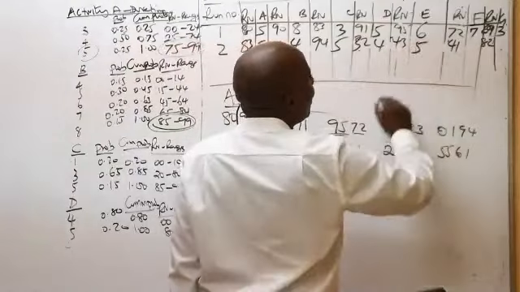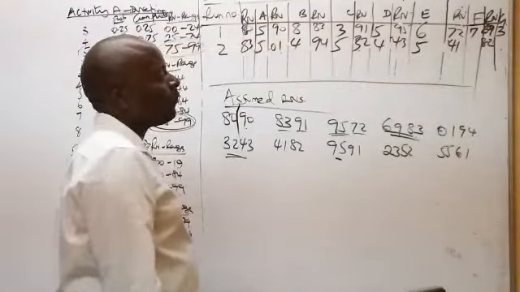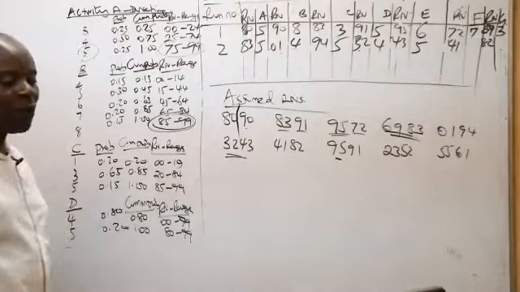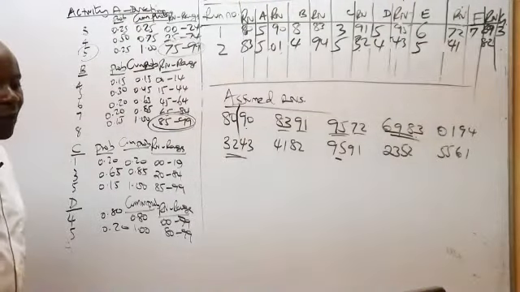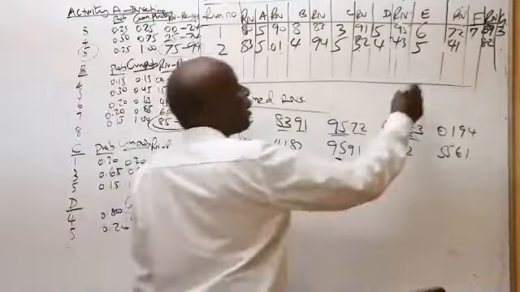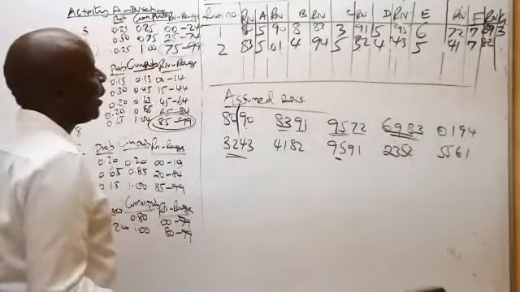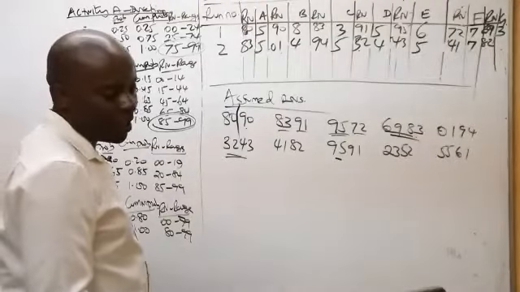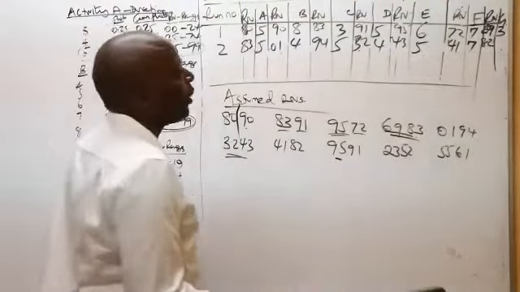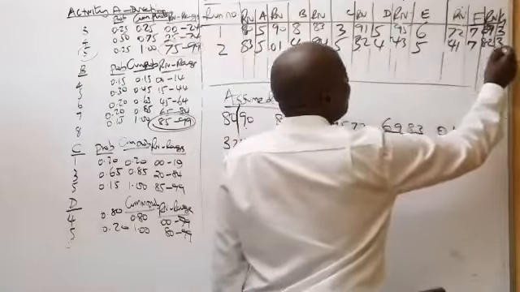How about, ladies and gentlemen, 41 for F? 41 for F they say it is 7. Lastly, we have 82 for G. 82 for G they say it is 3.